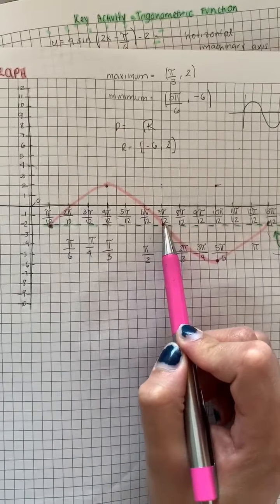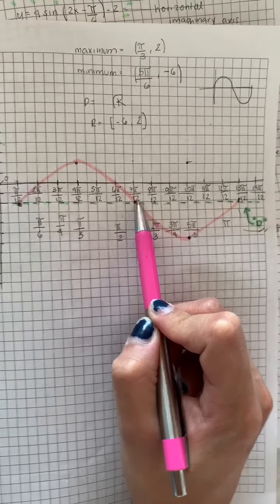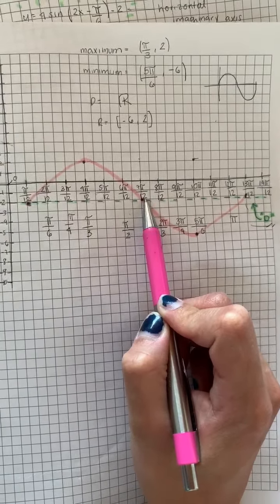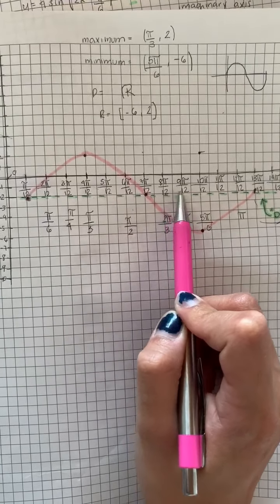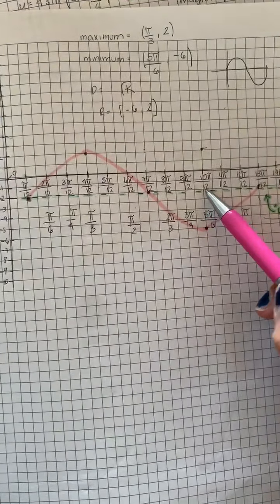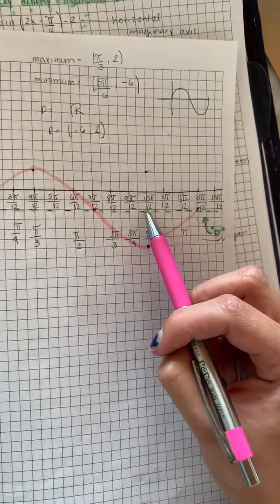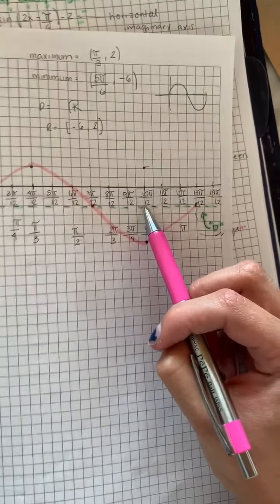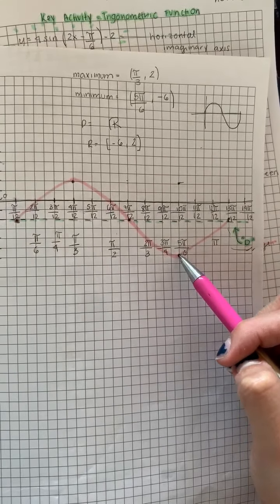Then you're going now again to count your pi fourths. So you're going to count again. 1, 2, 3. Then you're going down again as you see in your original graph. So it's going to be 4 points down. 1, 2, 3, 4.